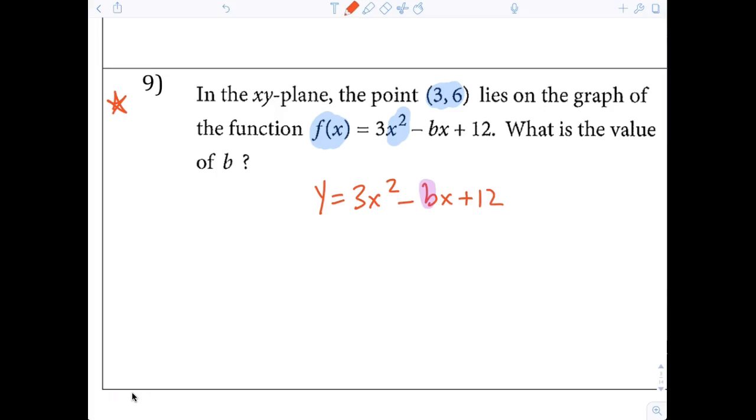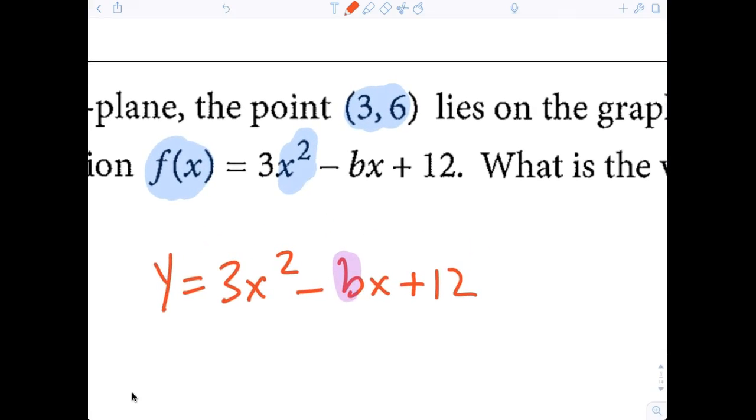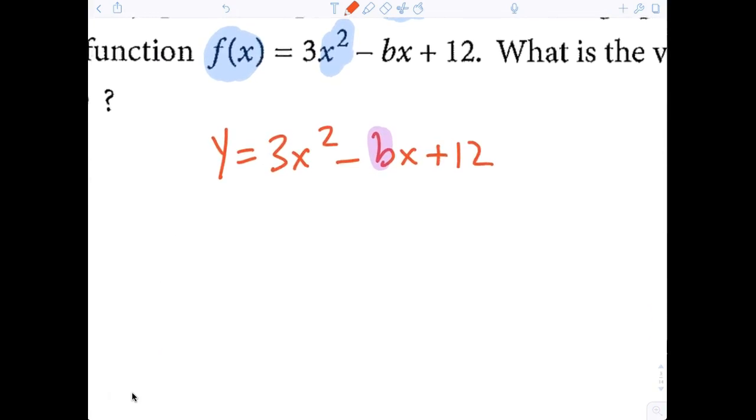Come on, guys. What does the 3 represent? Very good. The x value. What does 6 represent? The y value. So what I'm going to tell you now is I want you to plug 3 in for what? X. And 6 in for y. And then I want you to solve for b.